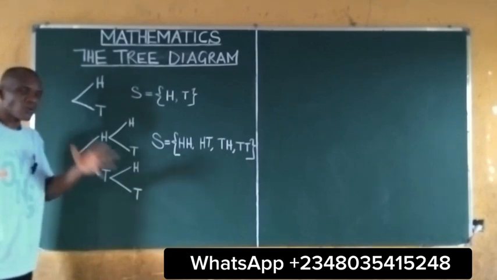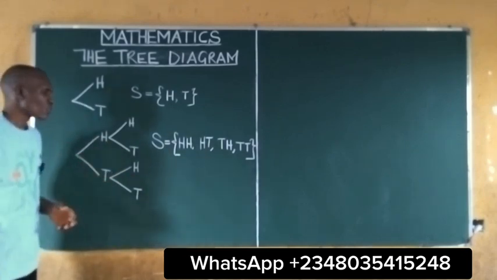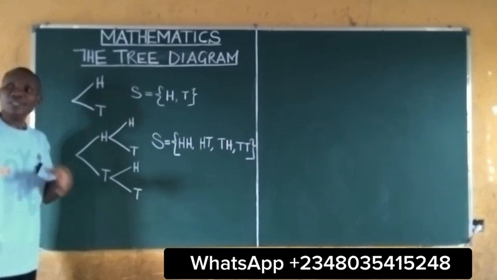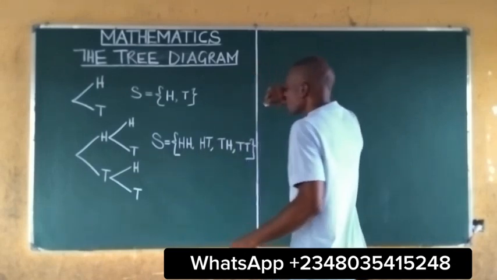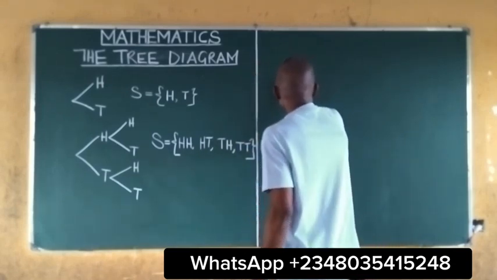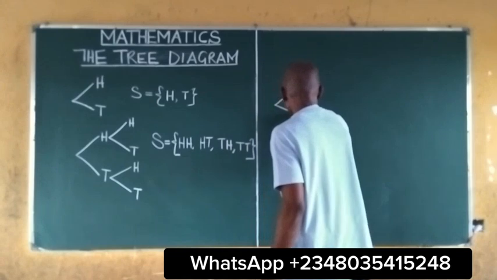How about tossing three coins? If you throw three coins, what is the sample space? We also use the tree diagram to explain that. If three coins are tossed, we'll have our sample space to be something like this.